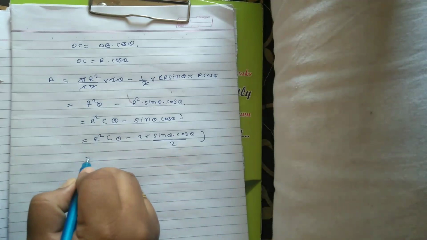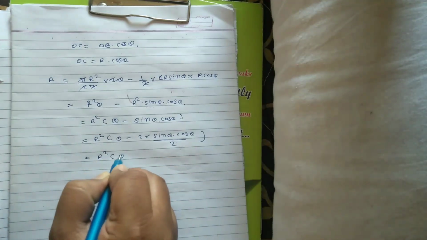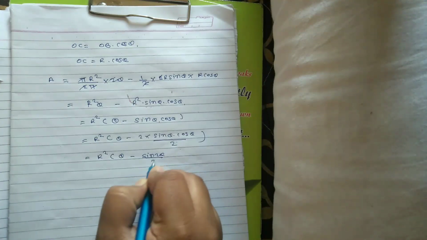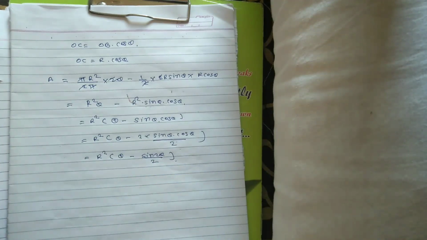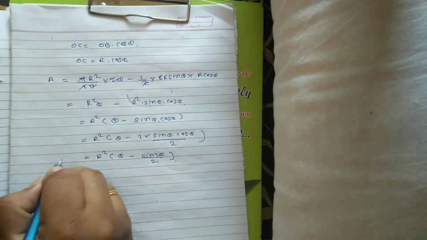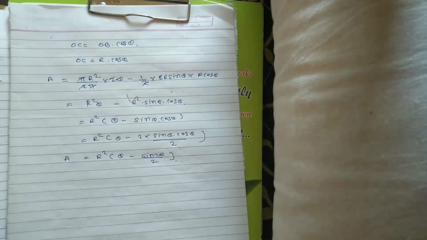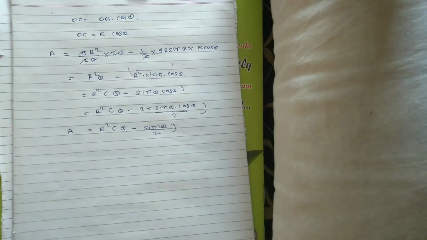Therefore r square into theta minus sine 2 theta by 2. So this is your weighted area: r square into theta minus sine 2 theta by 2.